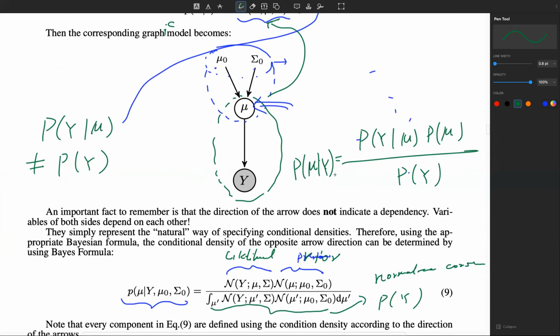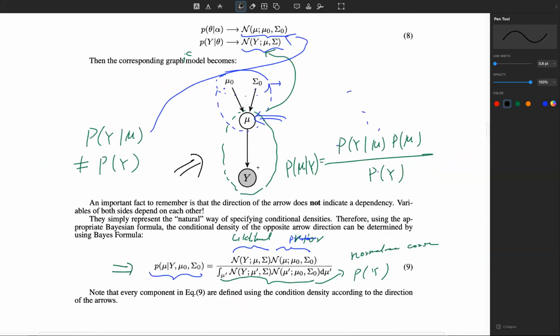If you look at this equation down here, and you look at this graphical model above here, what do you see? Maybe you look at here.